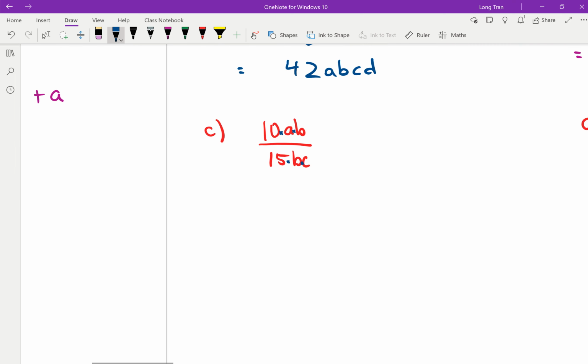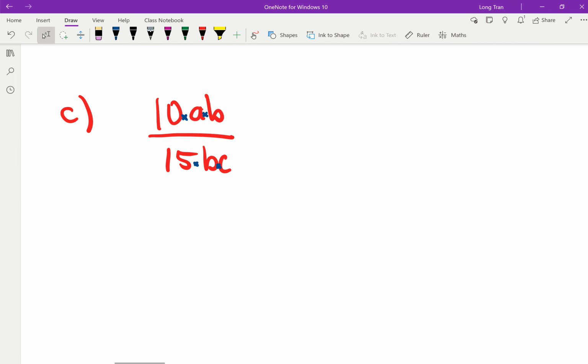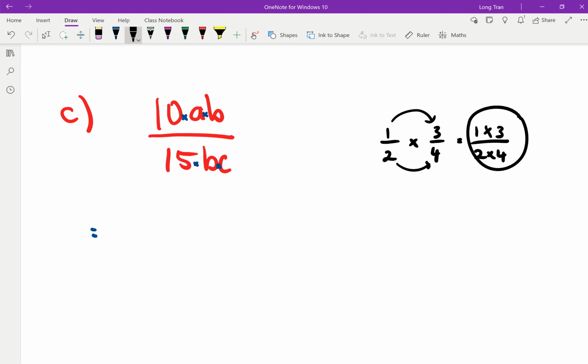The reason why I want to highlight that to you is because in fractions, I'll give you an example on the side here. When we have 1 over 2 times 3 over 4, how do you multiply in fractions again? You would do top with top, bottom with bottom, right? So in this case, you would be writing 1 times 3 over 2 times 4 when you start to simplify it, meaning you collect them together.